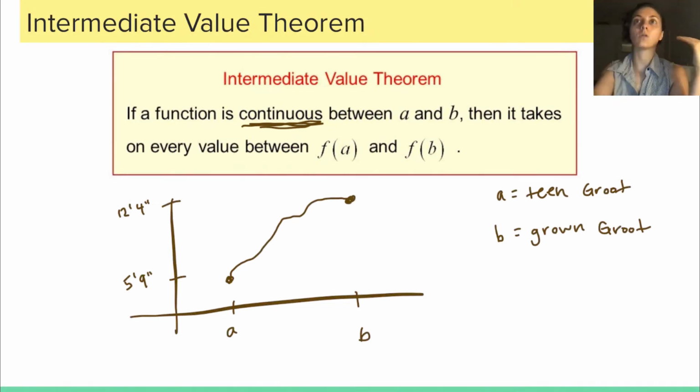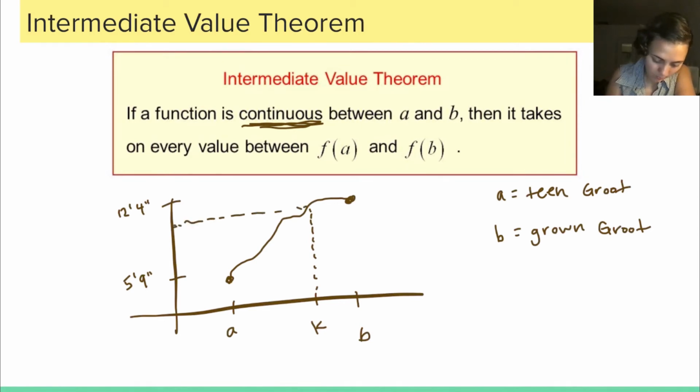You don't just grow a foot in an instant. You grow at a continuous pace, right? You have to meet every height in between. So since it is continuous, there's some point, I don't know what it is, we'll call it K, where Groot was 10 feet tall.